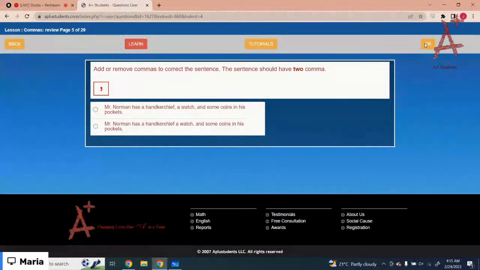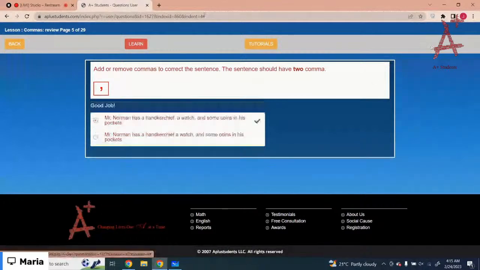You have to put a comma right after every item. Got it? So option number 1 is the correct option. Just select the correct option and click on the OK button.